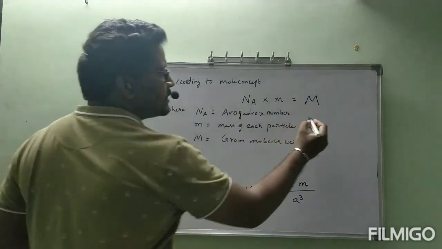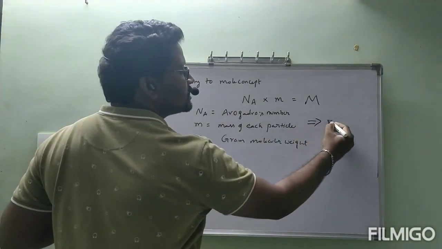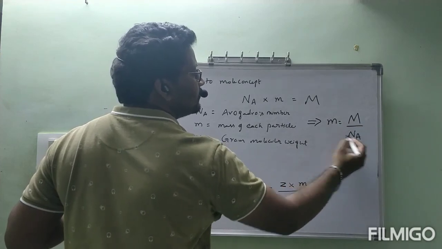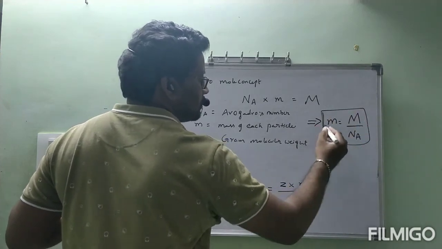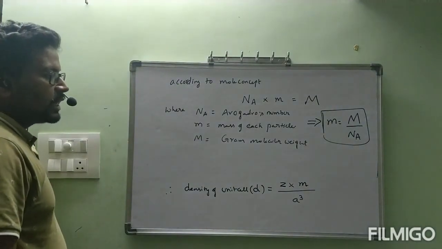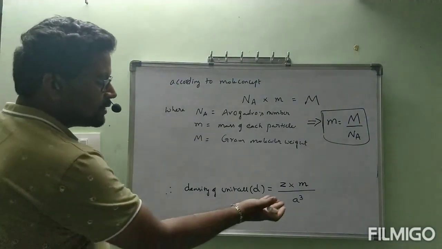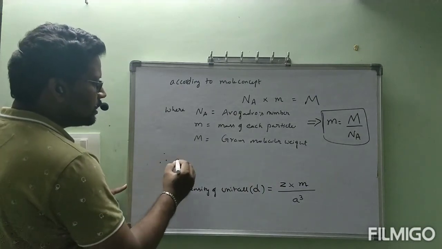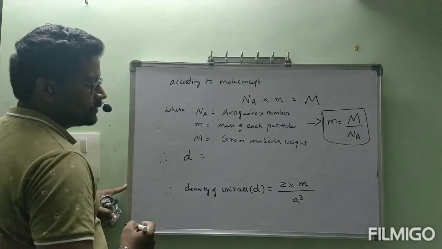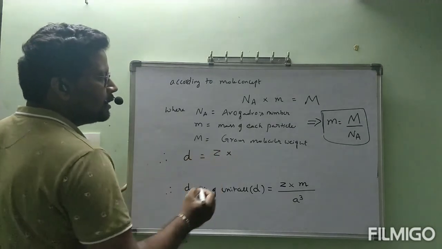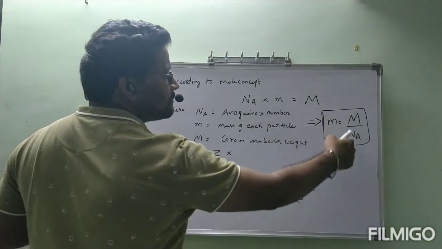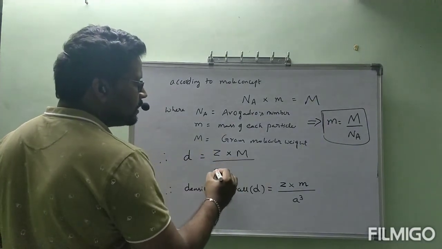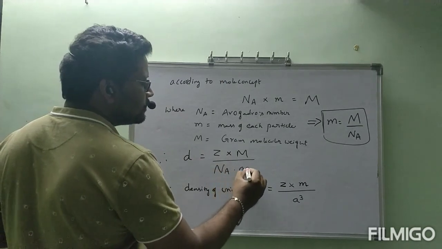This implies small m is equal to capital M divided by Na. But we know density of unit cell is equal to this. Therefore, density D is equal to Z into, what is small m? Capital M by Na. Z into capital M divided by Na into a cube.